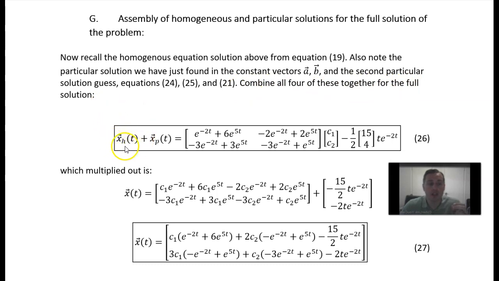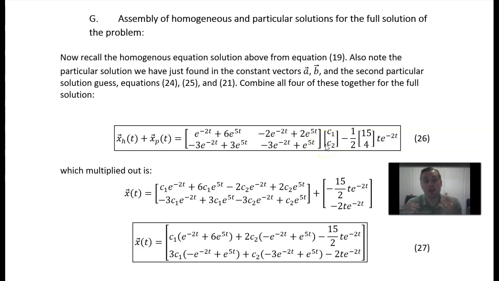So the homogeneous vector x plus the particular vector x, these are each solutions, and by the way, they're functions of t, the independent variable, given by this matrix of exponentials times the constant vector, which would be determined from, say, initial conditions.